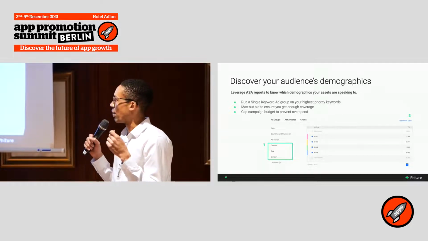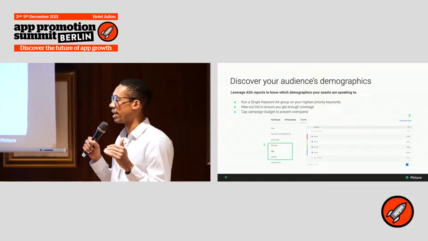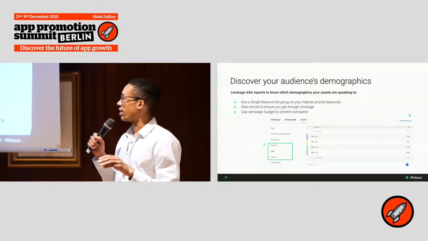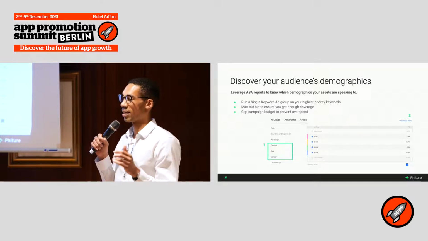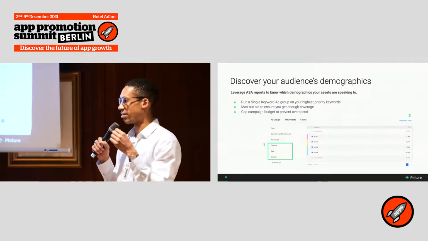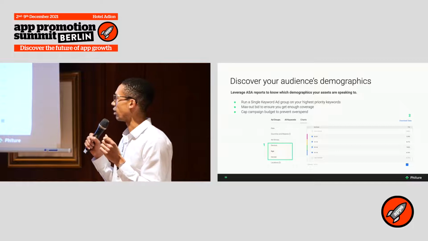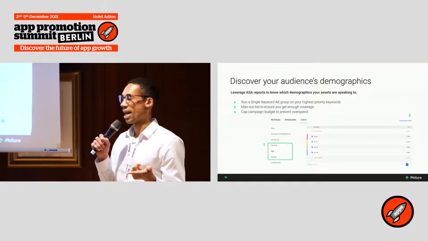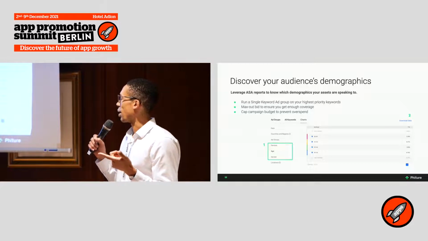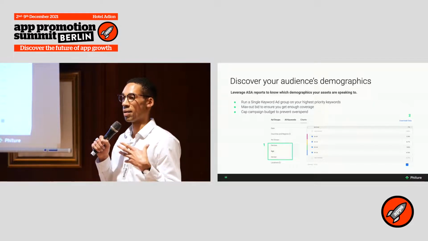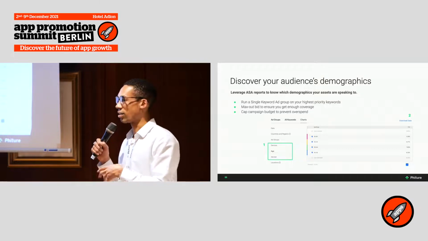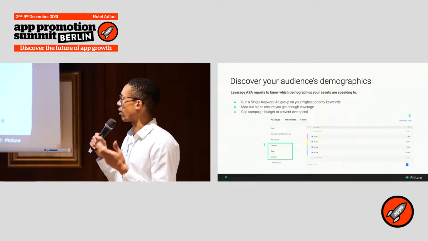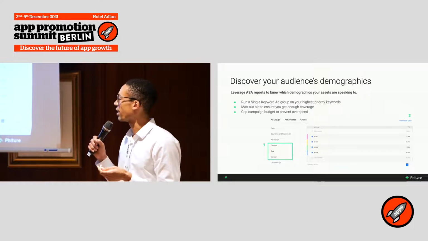Make sure that you use a high bid in order to get good coverage across all the searchers that are searching that term, and use a campaign budget cap to make sure that you're not overspending, and then look at the data. Look at your gender, look at age, and understand who you are actually speaking to in terms of your screenshots, your title, your assets, and all of that. So this is one way to understand more about how to improve your conversion rate optimization.